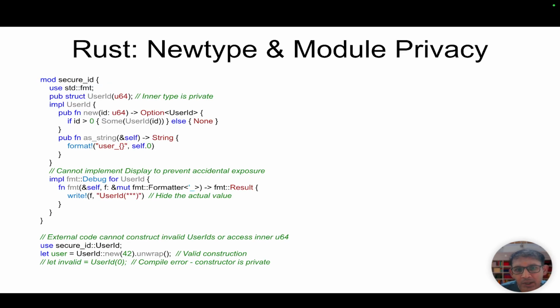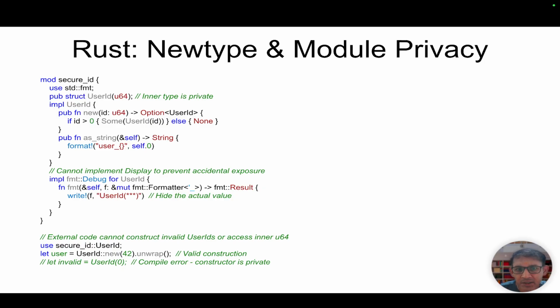In Rust, the new type pattern combined with module privacy provides strong opacity guarantees. You define a struct that wraps a primitive type, but the inner field is private. You provide associated functions for construction and methods for operations.